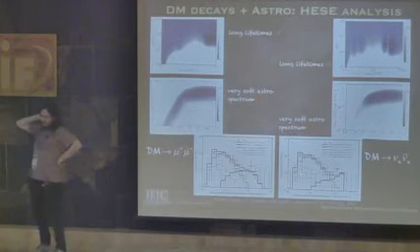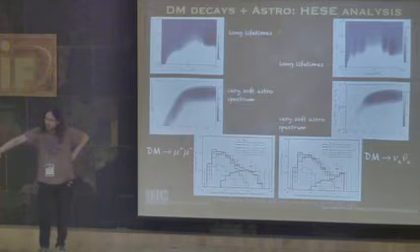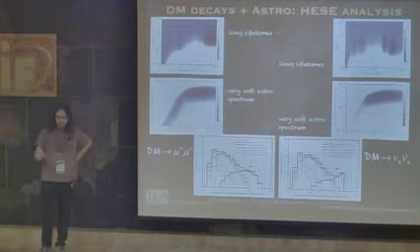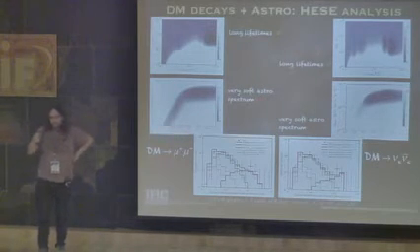Because the lifetime is what tells you how many events you see in IceCube. The point is that you are thinking about this as a way of relaxing the gamma ray bounds. But if you increase the lifetime, you don't have problems with gamma rays, but you kill the events, so you don't see events. So the point is that they are both linked.